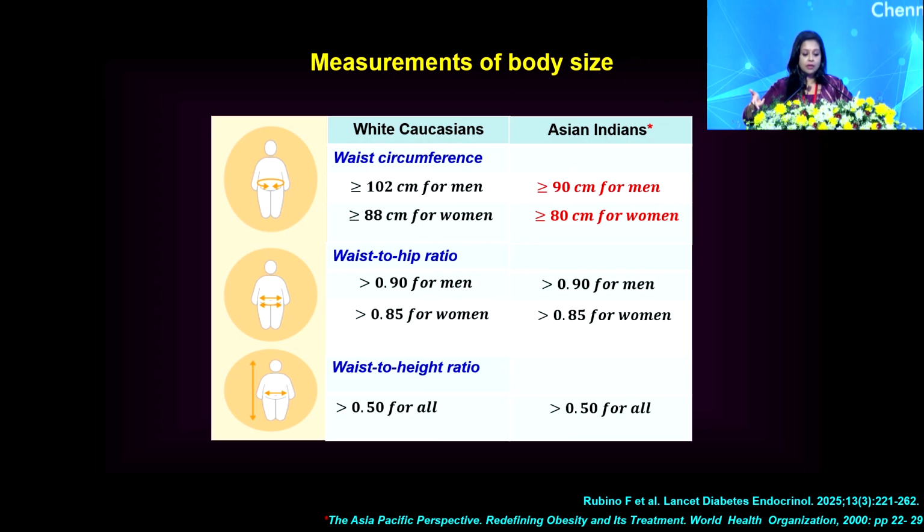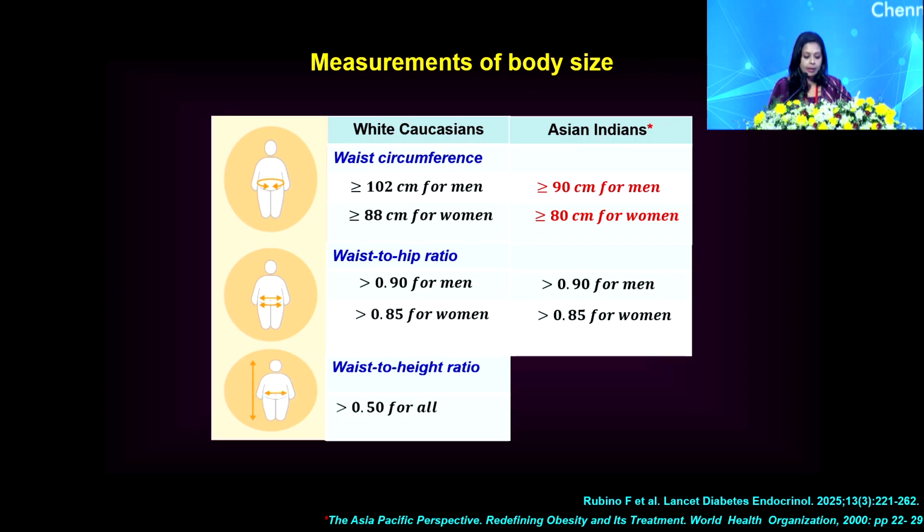And these are the values for Asian Indians: waist circumference 90 and 80 for men and women, the waist hip ratio is 90 and 85, and waist to height ratio is more than 0.5 for everybody. So you need one, these are body size measurements. If you use BMI, you need at least one of these supporting that BMI measurement.